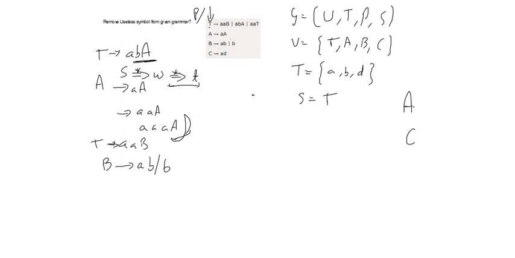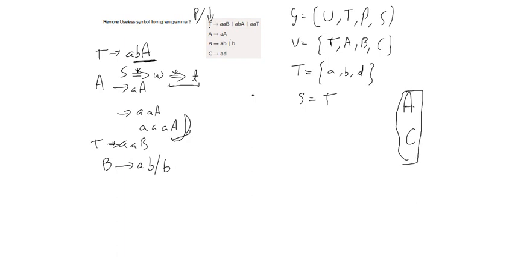And if you are looking at C, we cannot get it from the starting symbol. Even though C is leading to a terminal symbol, it is not obtained from the starting symbol. So C is a useless production. So in the given grammar, A and C are useless symbols.